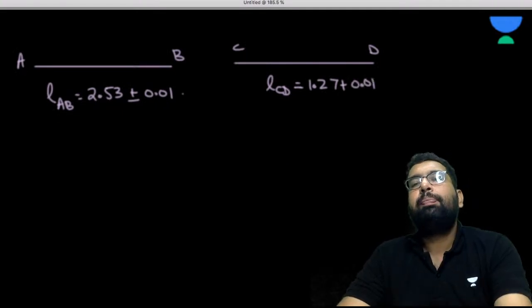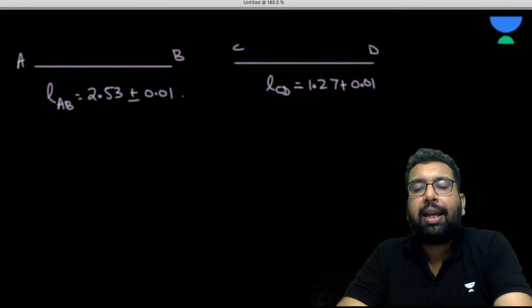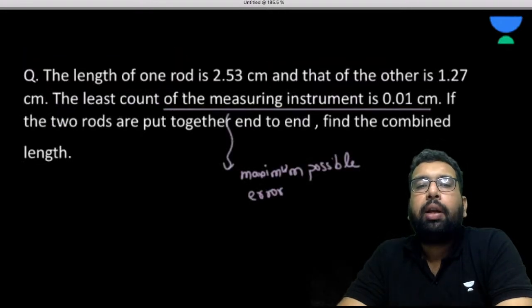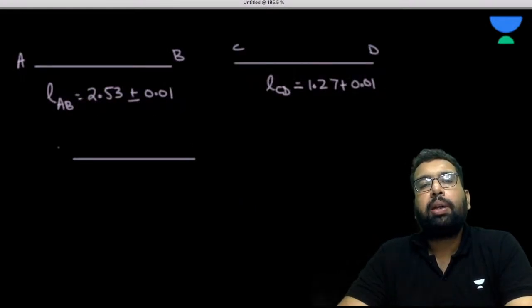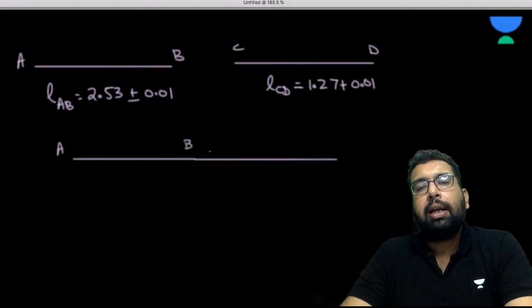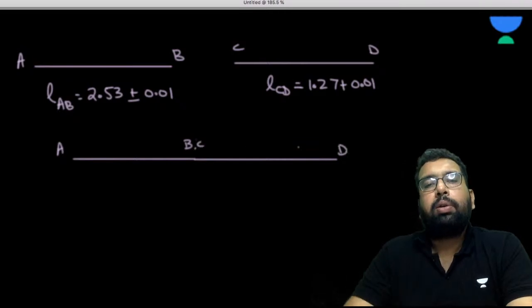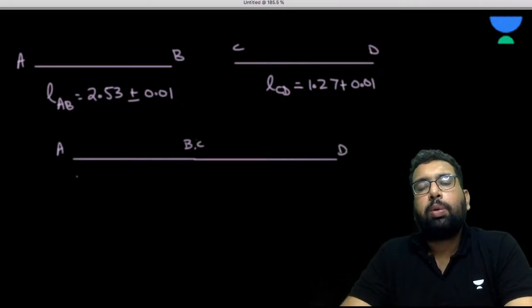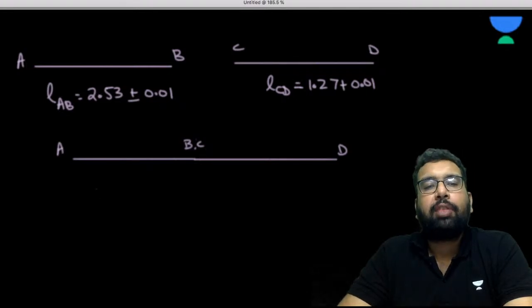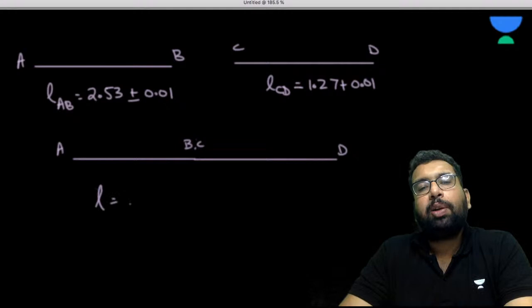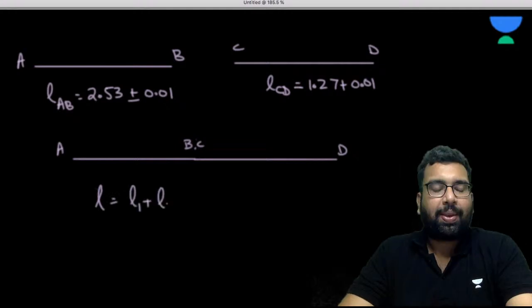Now, AB and CD are connected end to end. If the two rods are put end to end, find the combined length. So the final length is going to be L1 plus L2, right?